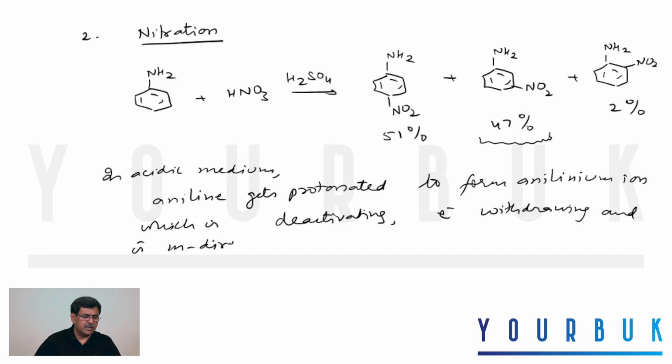That's why meta is obtained in large quantity. So this is the formation of an anilinium ion. This is an acid base reaction. H plus ion is a Lewis acid and aniline is a Lewis base. It forms anilinium ion, which is electron withdrawing. This is anilinium ion.